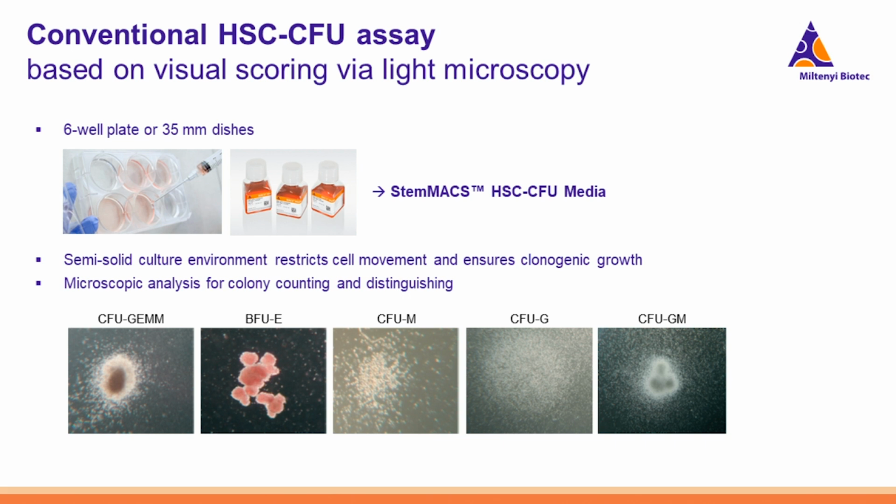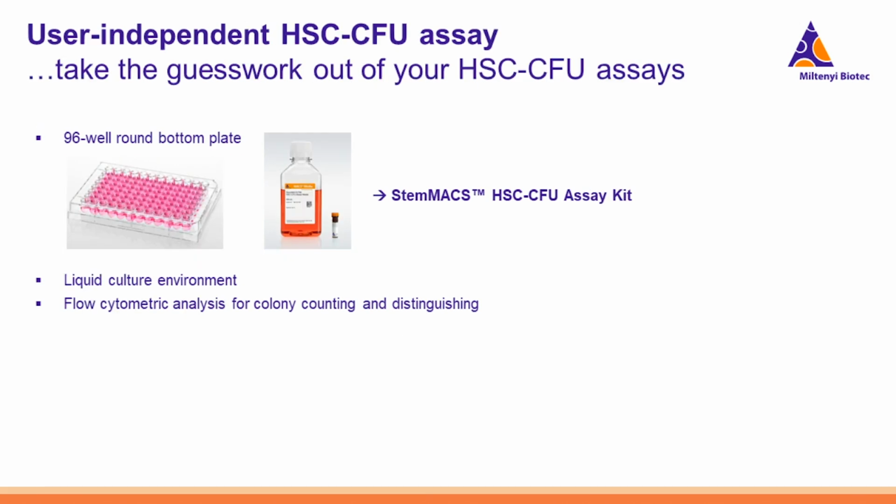A CFU-G is a flat colony consisting of 20 to 40 translucent small cells with a germinative center. A CFU-GM is again a flat colony consisting of 20 to 50 translucent small and large cells. So, the identification of the different colony types based on visual scoring via microscopy is not that easy, right?